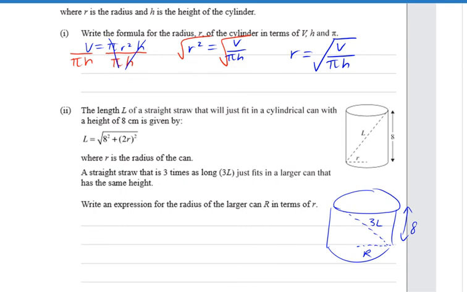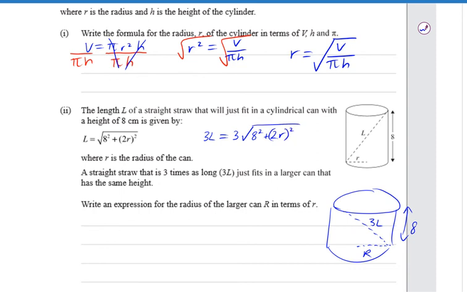Now, let's just think about 3L for a second. So 3L is going to be equal to 3 lots of the square root of 8 squared plus 2r all squared.